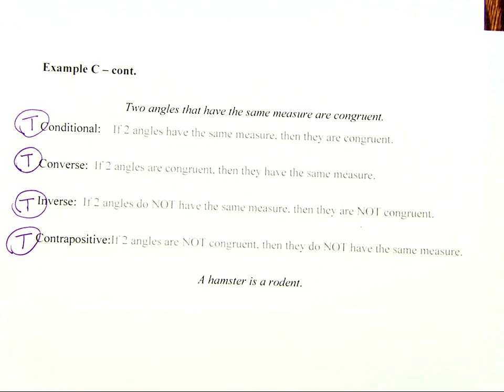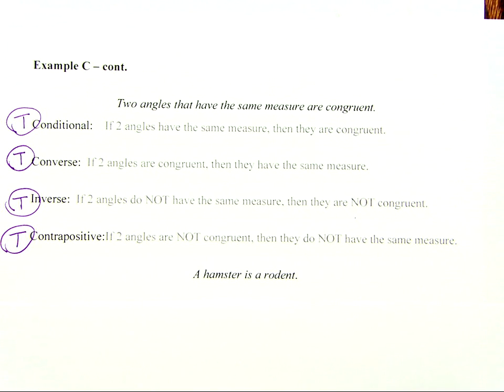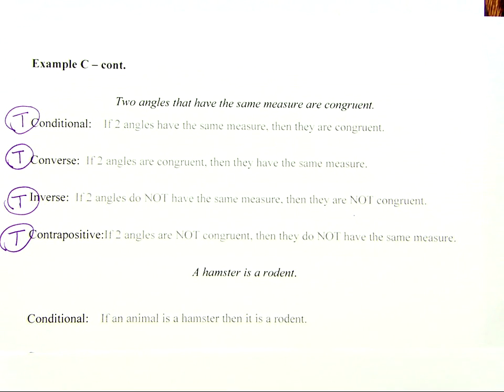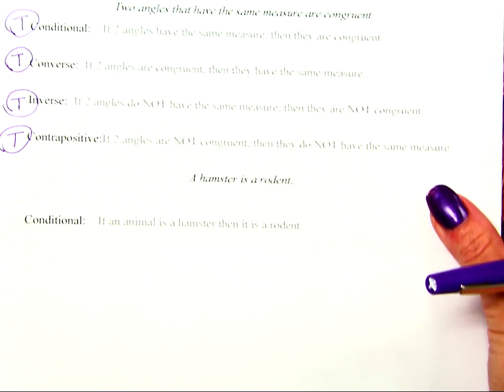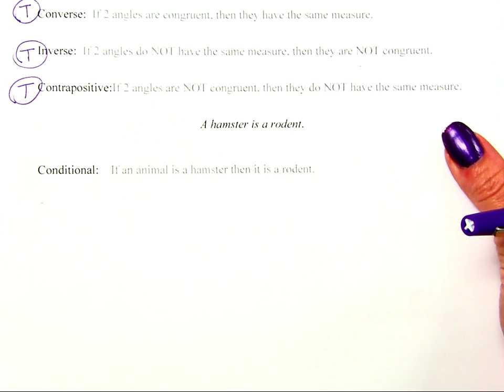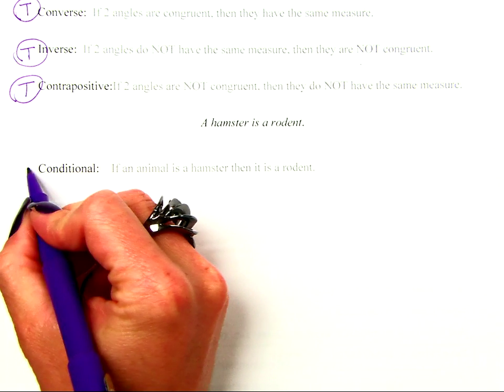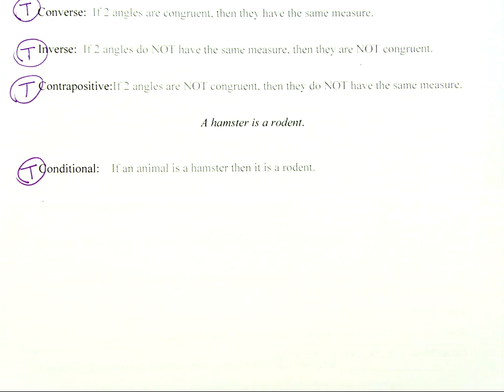One more. A hamster is a rodent. How would we turn that into a conditional? Well, my conditional sounds like this. If an animal is a hamster, then it is a rodent. Is that true or is that false? If my animal is a hamster, it is a rodent? Well, that is true because hamsters are rodents.